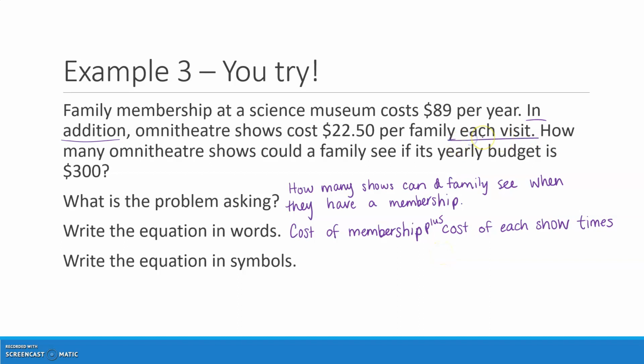This each visit means that we have to times it by the number of visits is the yearly budget.